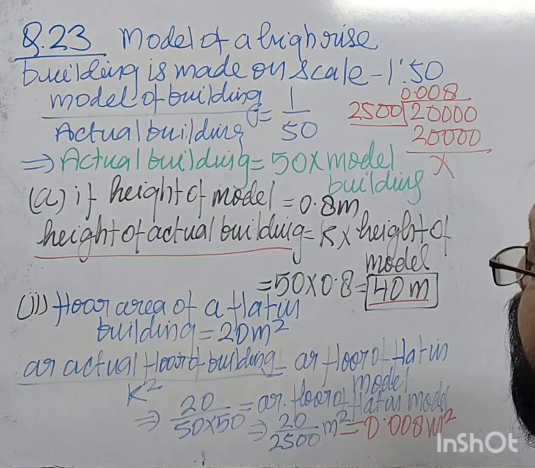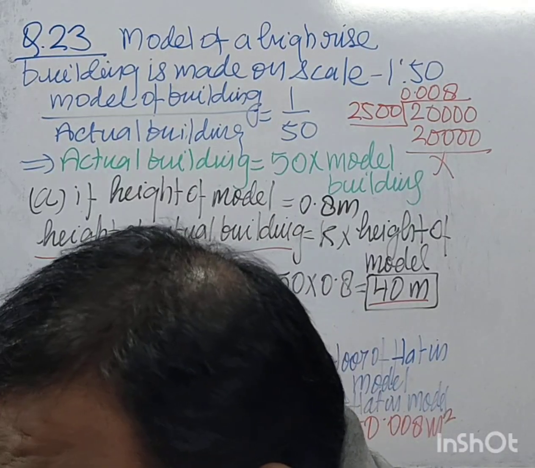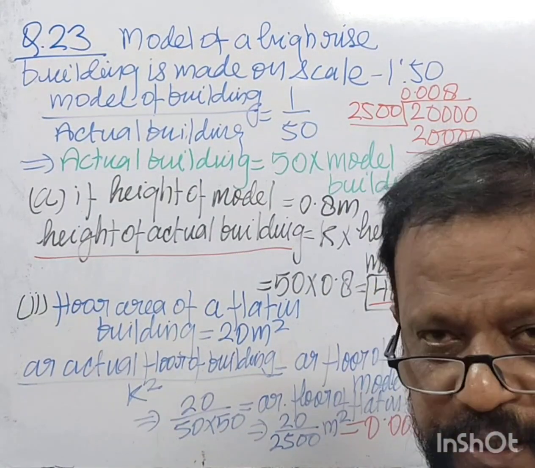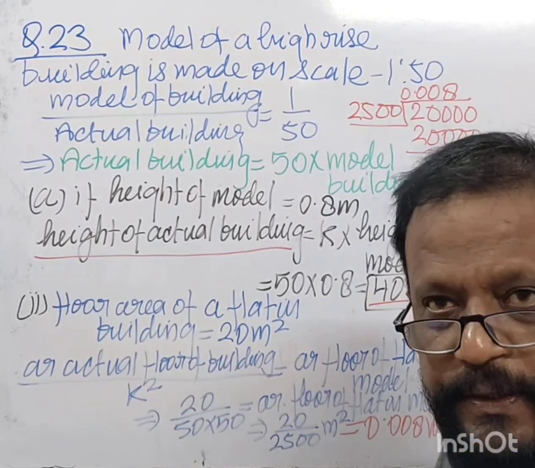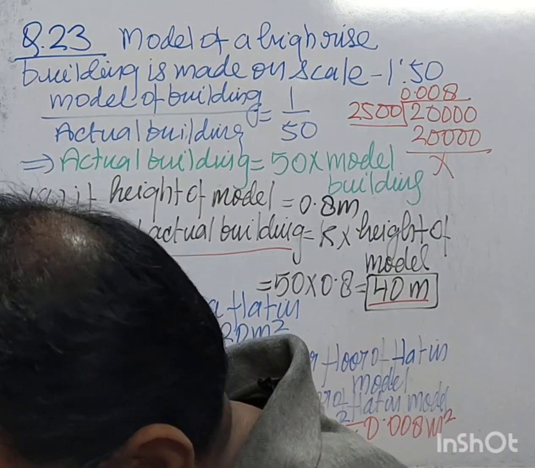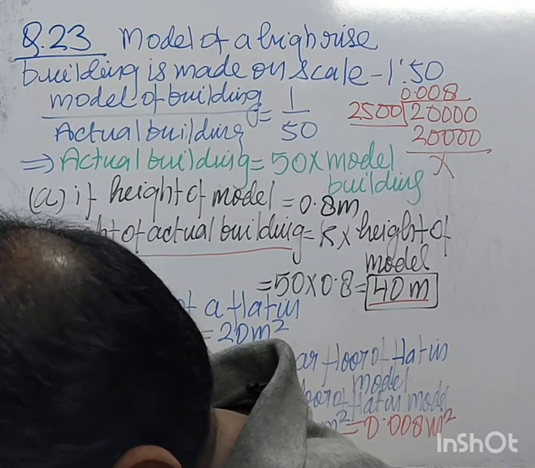So this is how we can get it. You understand this? This is question number 23. It came in your board's exam also. Since it comes very close, so maybe it is.